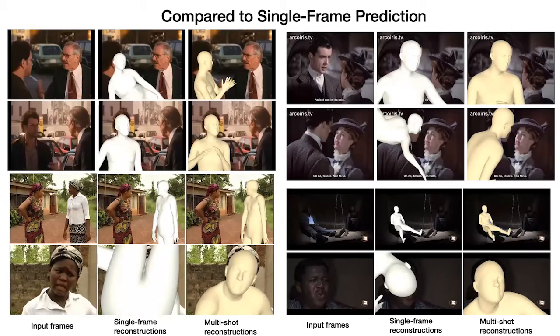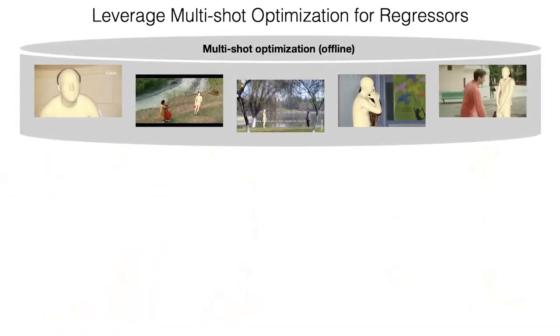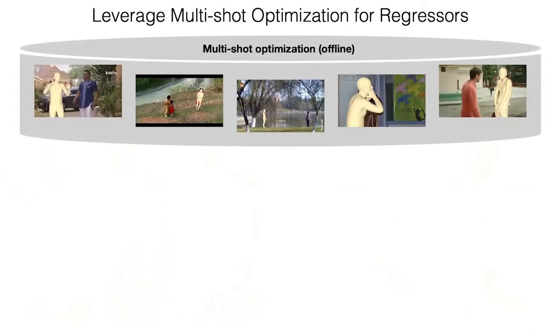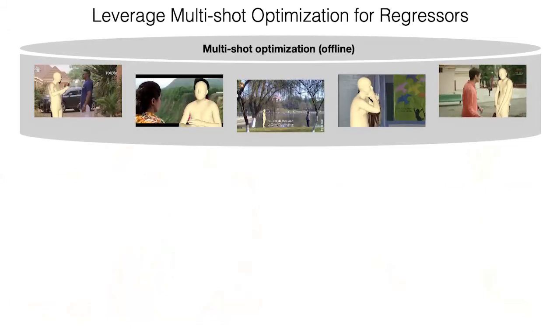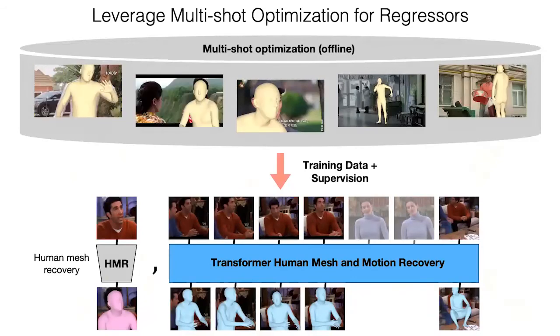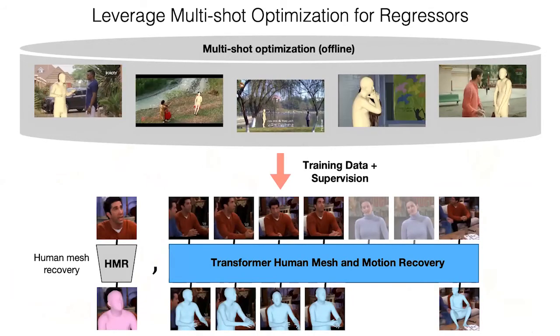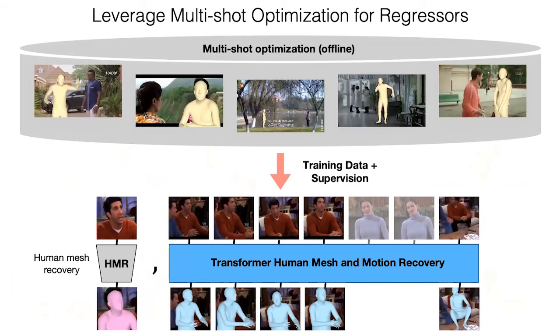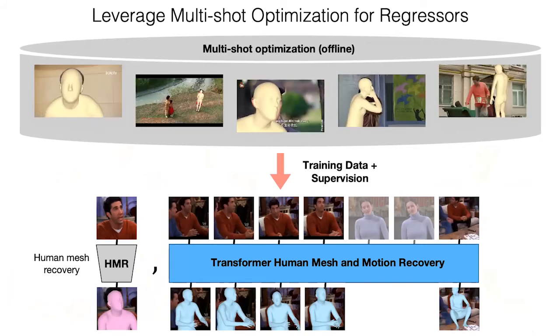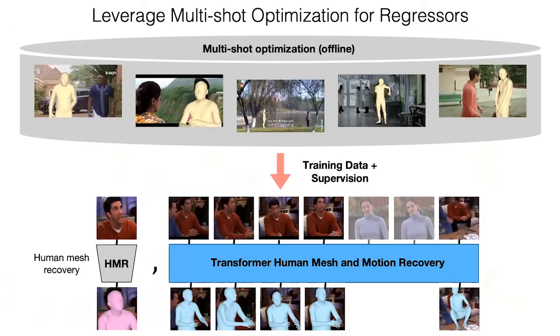Now, the nice thing about this is that once you do this, you can use this SPIN-style multi-shot optimization as pseudo ground truth to train regressors, like HMR, one-shot methods. You can do this for single-view methods or also for video. We also introduced transformers for one specific reason, which I will get to.